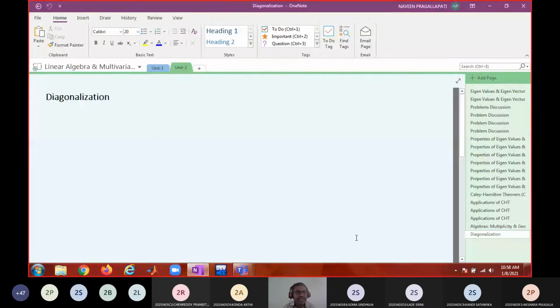Right. So now, put the side heading diagonalization. Write down one definition: the definition of similar matrices.